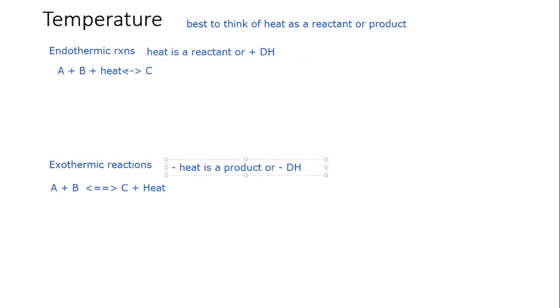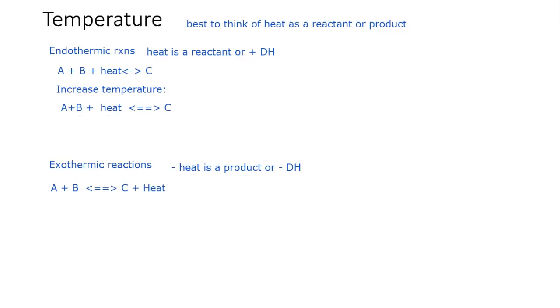So let's look at how temperature affects these types of reactions. Now let's look at the first. If we increase the temperature for an endothermic reaction, what does that mean?